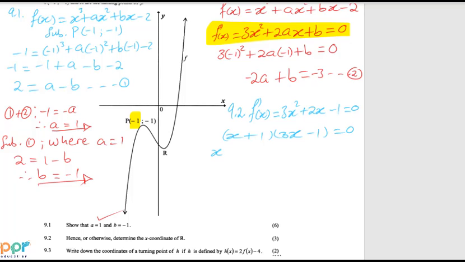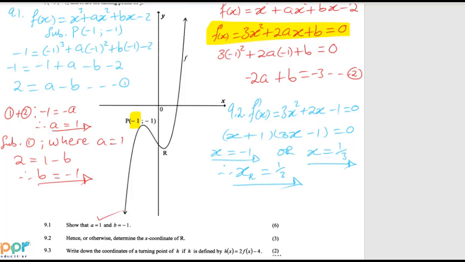So it's either x equals minus 1 or x equals 1 over 3. Remember, hence or otherwise determine the x coordinates of R. Therefore, the x coordinate of R is 1 over 3, because the other one is for P, which is minus 1. So you get all your 3 marks.